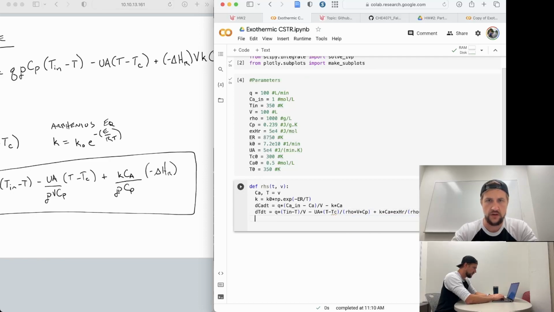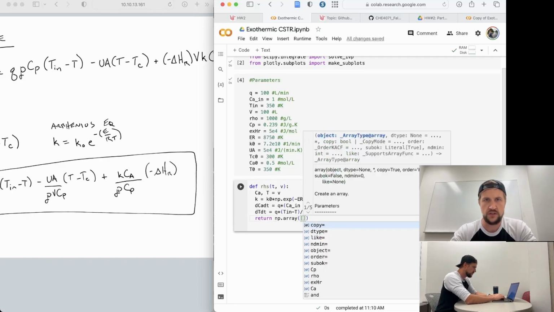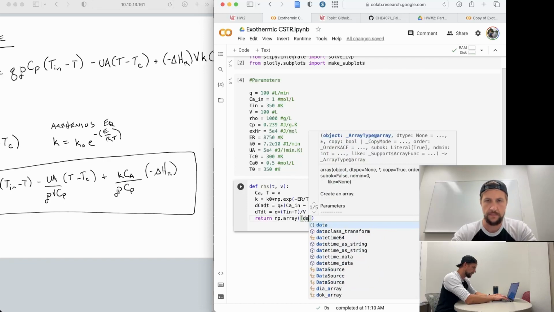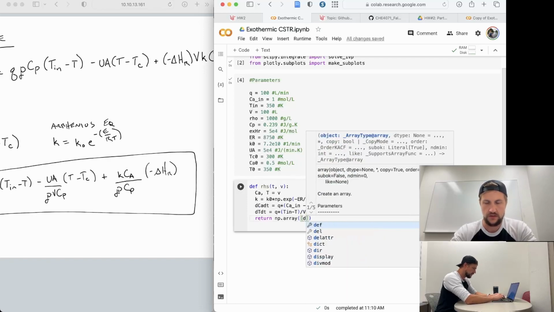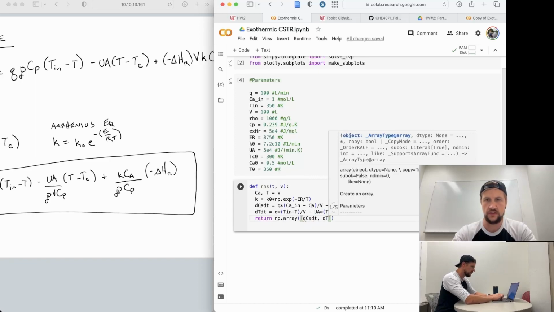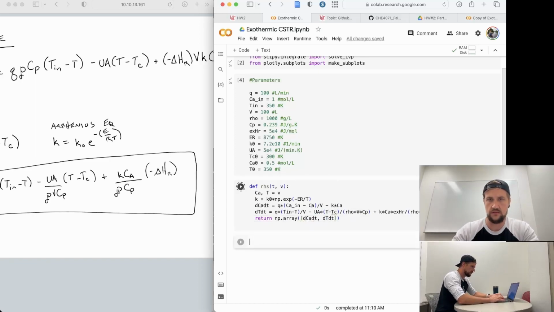Okay, now we want to return this as an array of values, what we just solved, our differential equations.